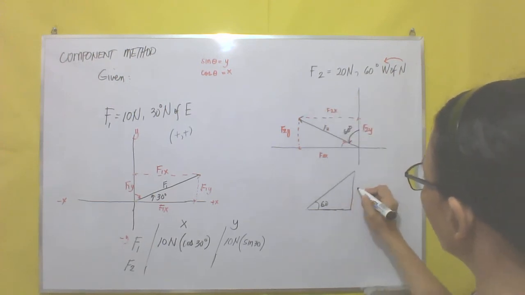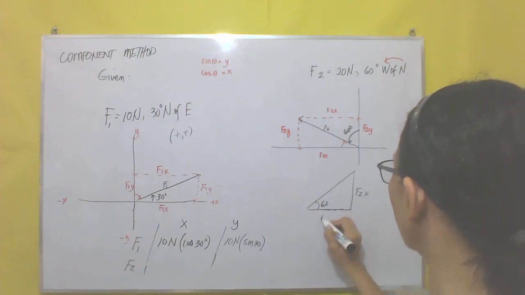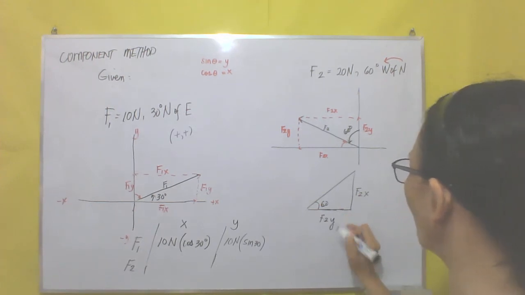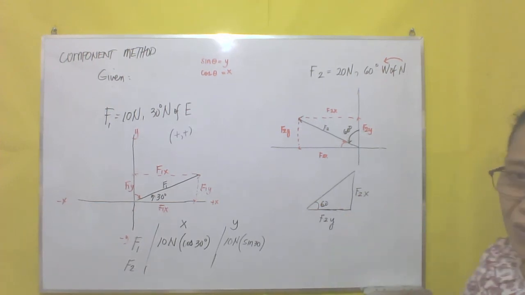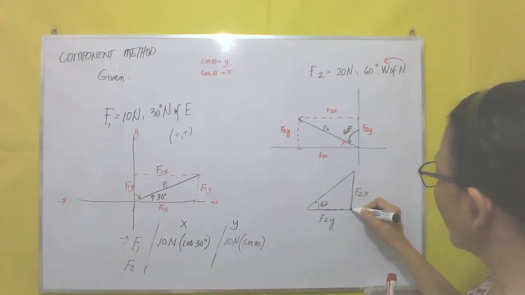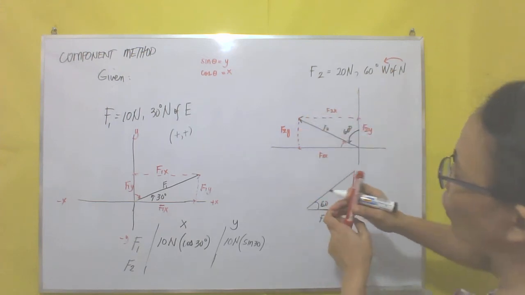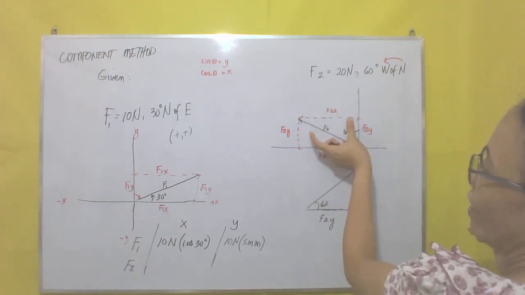Then we have here the F2x, and this becomes the F2y. In this case, take note that for the x component F2x, we're going to twist this triangle here.